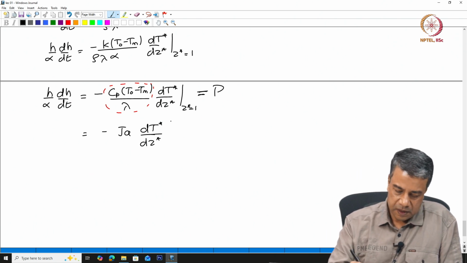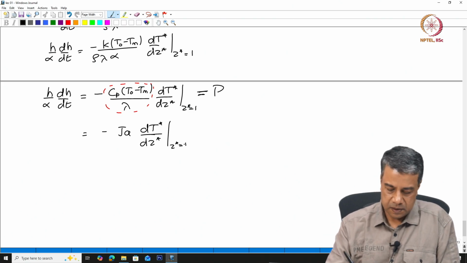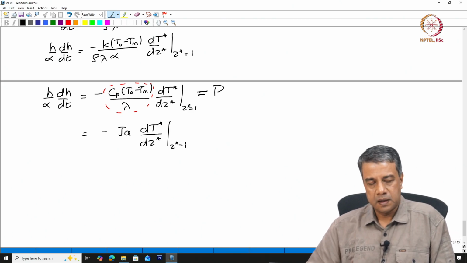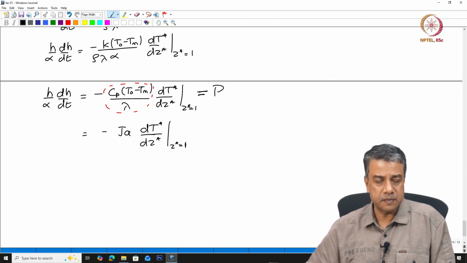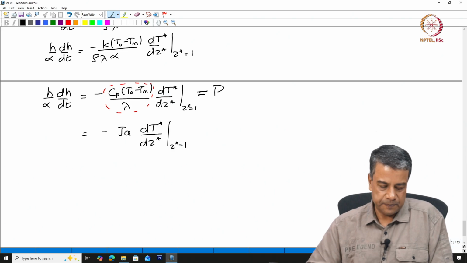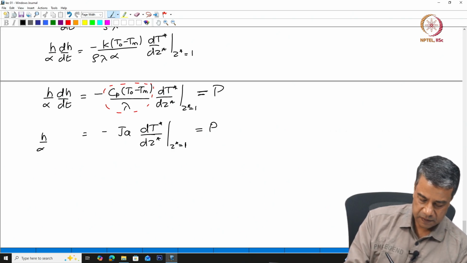So, this is a dimensionless number, the ratio of the specific heat times temperature difference, which is what is called the sensible heat, and the latent heat. This is equal to P, which is equal to h by alpha dh by dt.